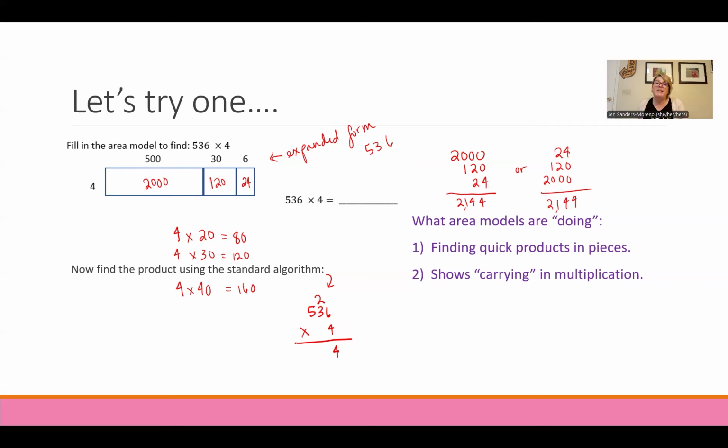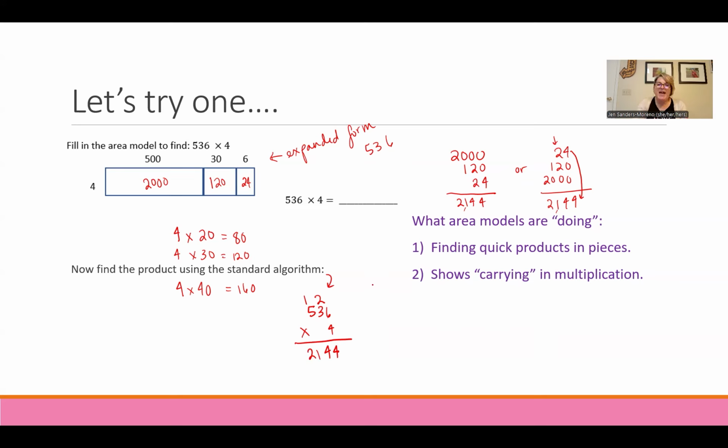I'm writing down the 4 and carrying the 2 to the tens place. 4 times 3 is 12. 2 more is 14. So I write a 4 and carry a 1. Notice here that 12, 2 more is the 4, the 1 carries to the next line. And then finally, 5 times 4 is 20. 1 more is 21. So I'm seeing that 20 and the 1.